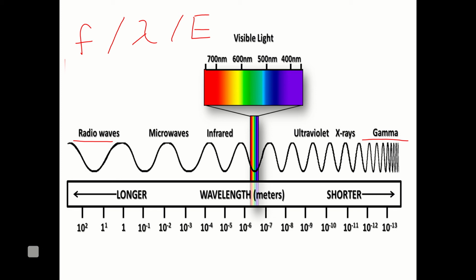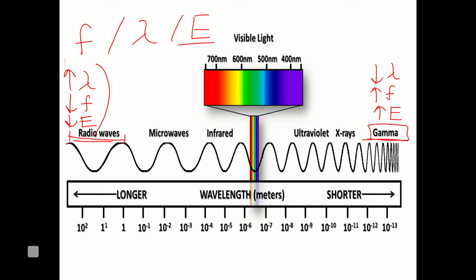If we look at radio waves, they have long wavelengths. So they have a high wavelength, they have small frequency, and what's energy directly related to? Frequency, so they have low energy. So down on this end of the EM spectrum, we have high wavelength, small frequency, small energy. On the other side, they have small wavelength, high frequency, and therefore high energy.